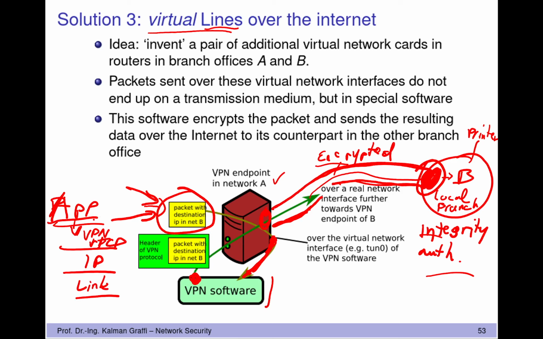So the application doesn't have to know how the packets are actually delivered to B, and there a specific host and a specific application. So it doesn't have to know. It just focuses on its own tasks. So the application, like printing protocol, and also the IP network doesn't have to know what's inside of these packets.